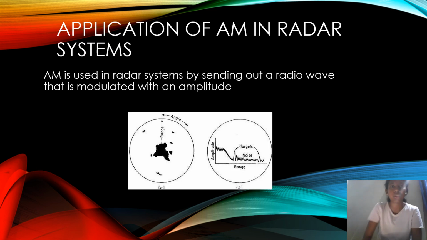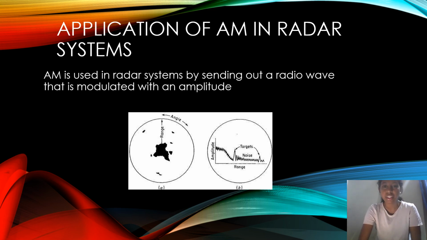Next, let's move on to the application of AM in radar systems. AM is used in radar systems by sending out a radio wave that is modulated with an amplifier. In a radar system, an amplitude-modulated radio wave is sent out with a certain amplitude. The radar system has a range and also an angle.